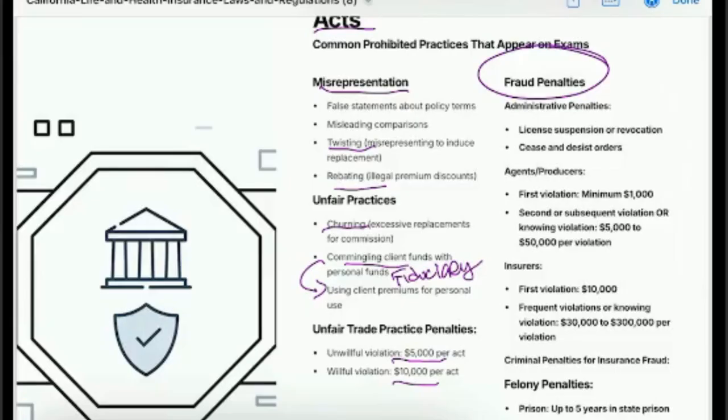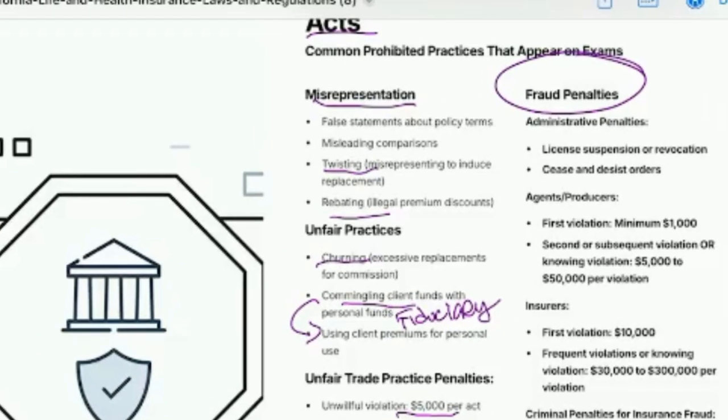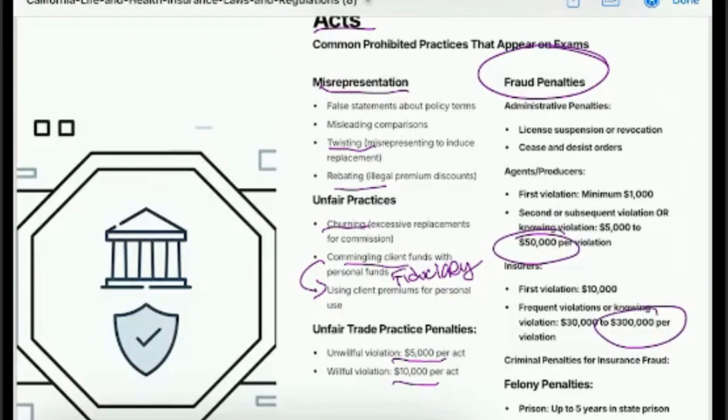And now you can get fined kind of both, right? So you could be getting in trouble for rebating and fraud, or twisting and fraud. And so that's where those ranges come into place. What you need to know when it's to fraud is the maximum number, really, right? Because we already know that it's $5,000 violations, and it can go up to $50,000 when fraud is involved for agents and producers.